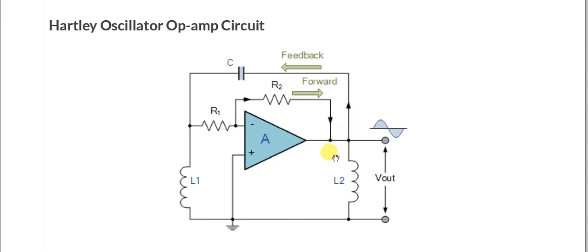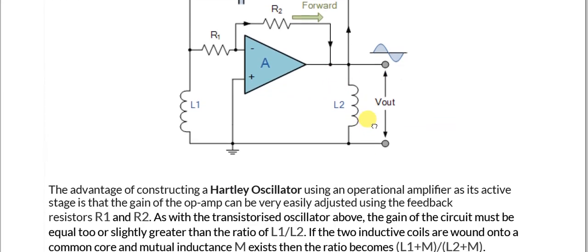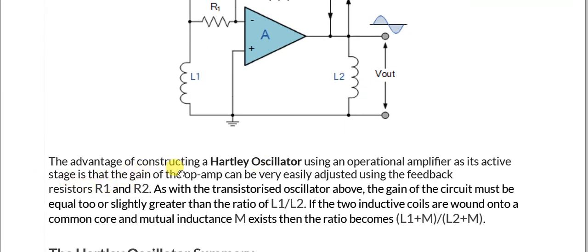The advantage of constructing a Hartley oscillator using an op-amp as its active stage is that the gain of the op-amp can be very easily adjusted using the feedback resistors R1 and R2. So these are two resistors, R1 and R2.